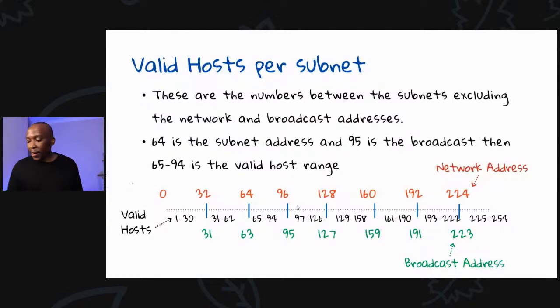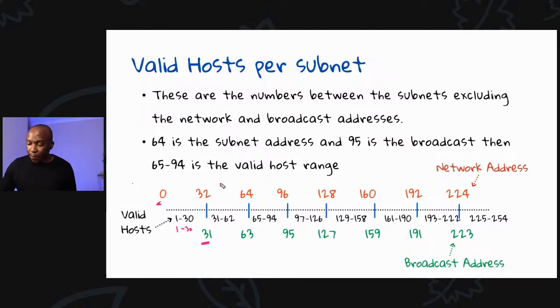So in this case, 0 is our network address, and 31 is the broadcast address. And what is in between? 1 to 30. So 1 to 30 become the usable IP addresses.